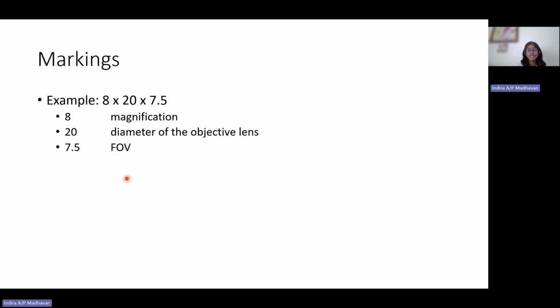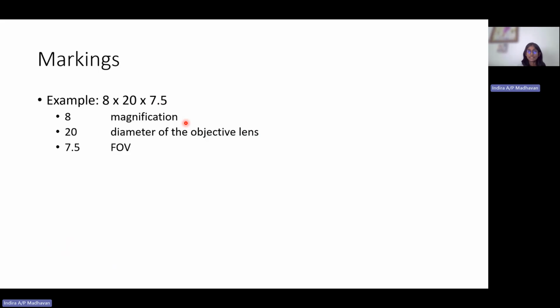The first number here, number 8, stands for the magnification, how much it makes the image bigger than the original one. This magnification is more like a prescription, as how we give a spectacle Rx: a spherical power, an astigmatism power, and then an axis.